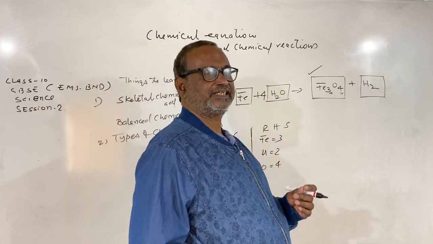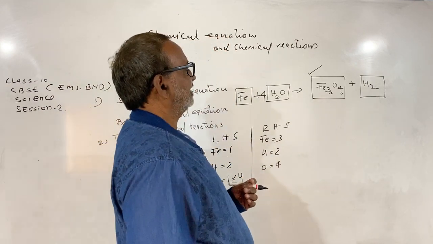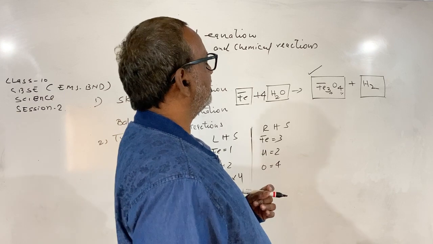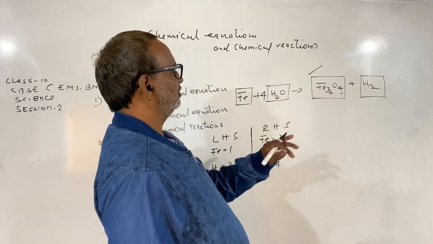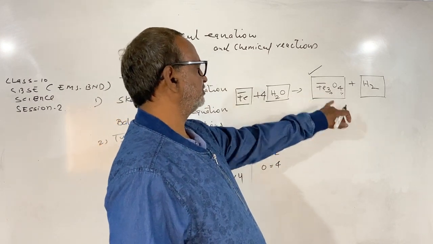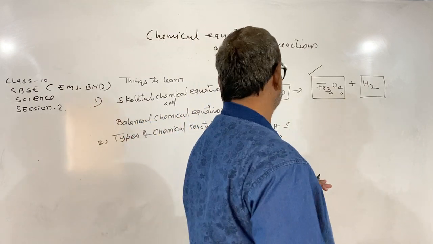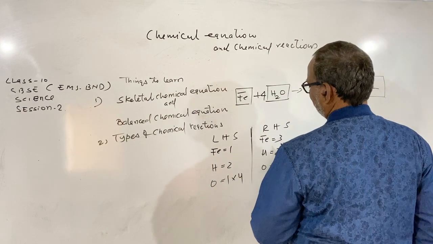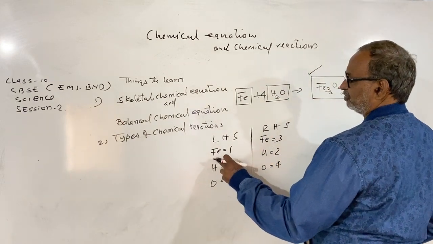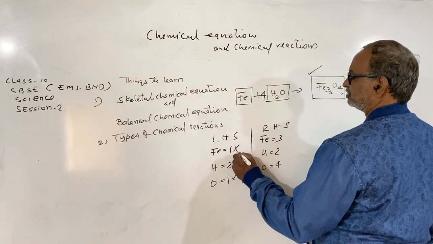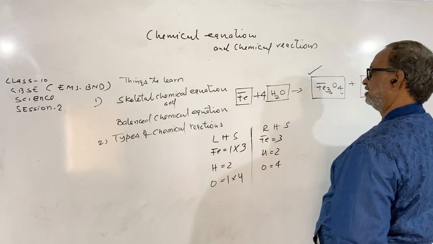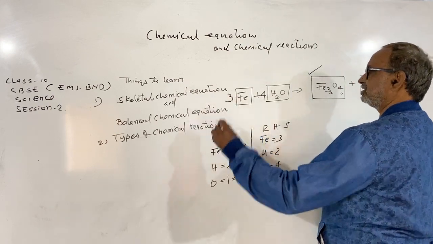After this, we shall select the element which contains maximum number of atoms, and we select iron which contains 3 atoms. Now on the right hand side we have 3 atoms of iron, whereas we have only 1 atom of iron. So we put a coefficient 3 to make the number of iron atoms equal.